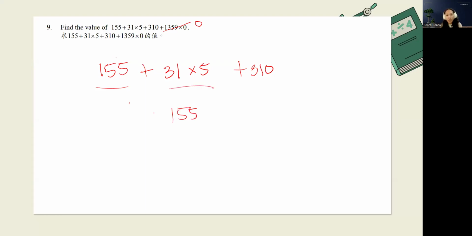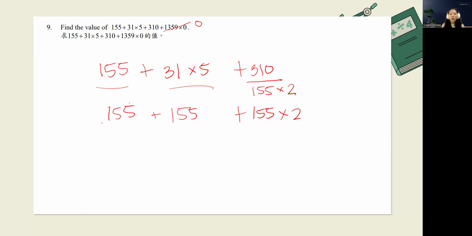So let's change this. This is also 155. This is 310. Notice 310 could be expressed as 155 times 2. So let's change this as 155 times 2.